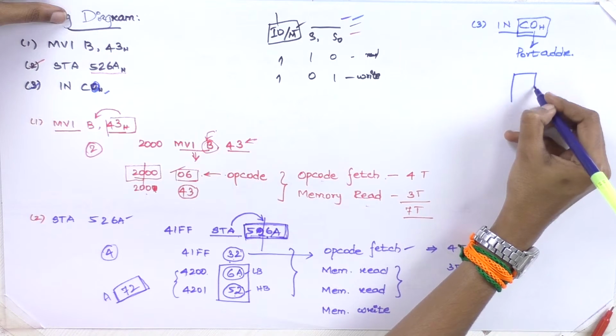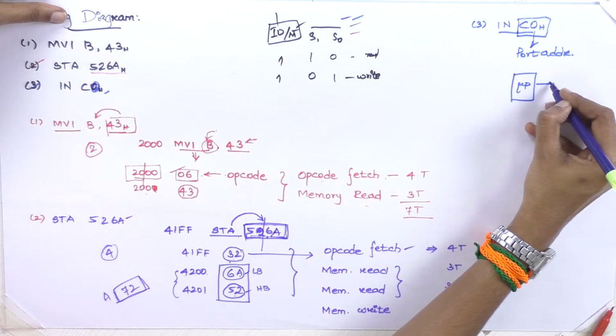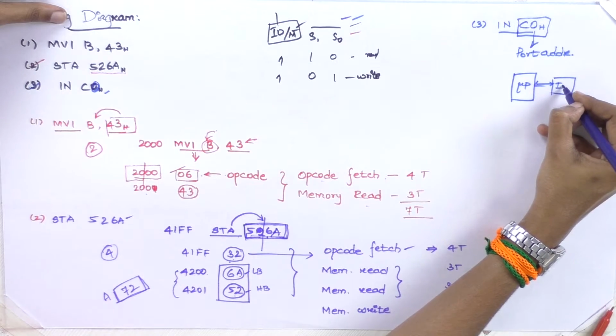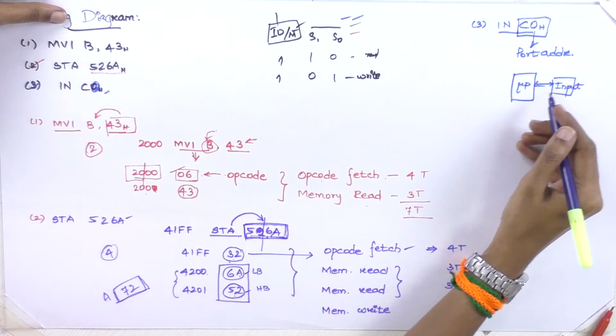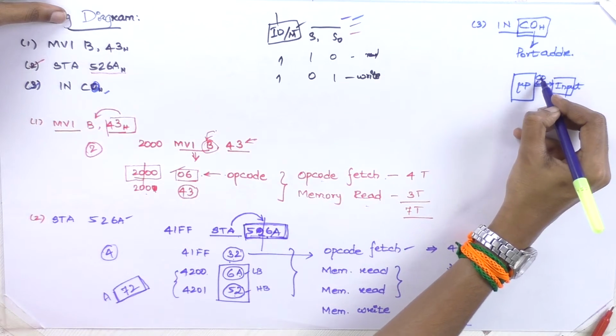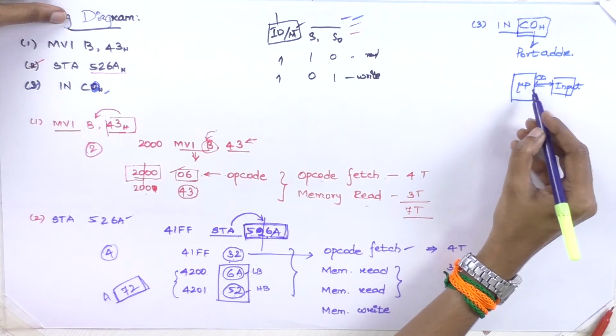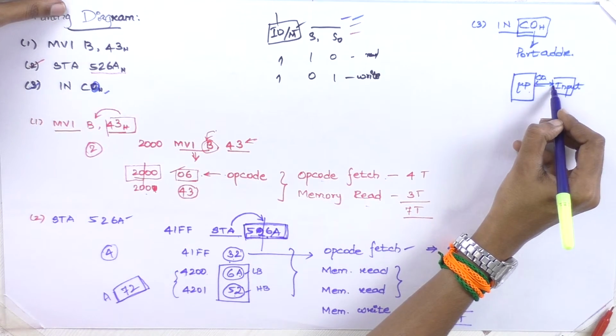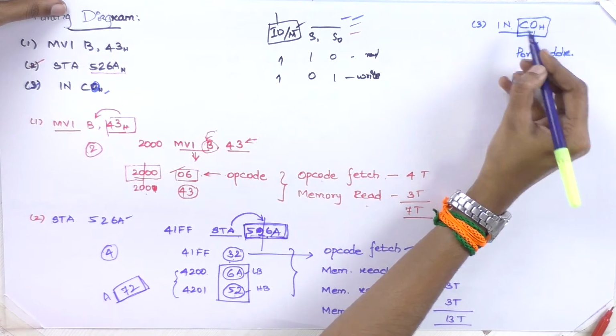The processor will be connected with peripheral devices. I am writing an input device here, which is connected with the port whose address is C0. Now the processor has to receive some value from this input device. So how does this operation work?